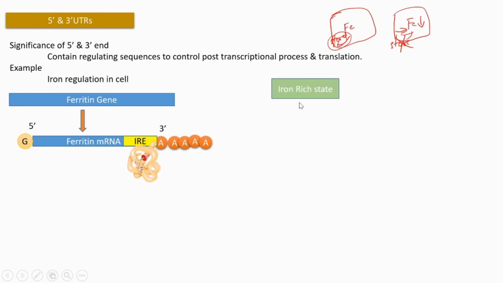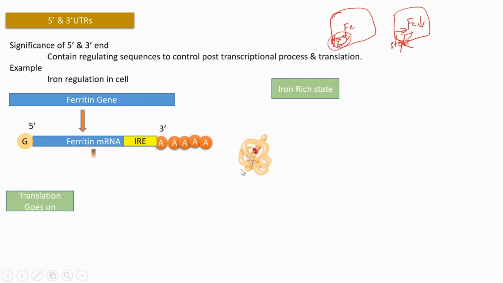Then think of the other situation. The iron level is high, iron is more. That means we need to store. The body needs to store the additional amount of iron. So what is the body doing at that time? The iron responsive protein moves away from that consensus sequence, and as a result the translation of ferritin goes on and the excess iron is stored in the body.